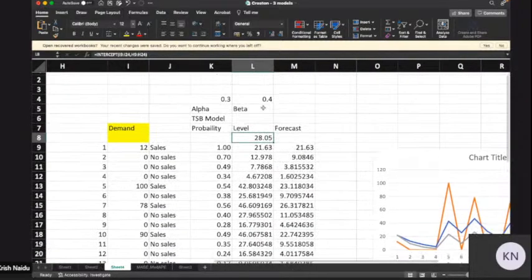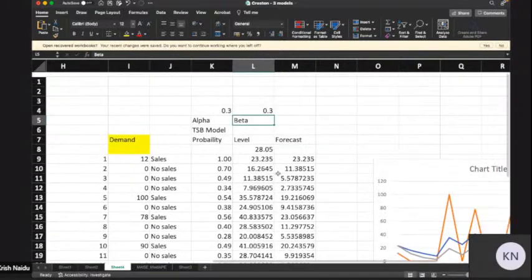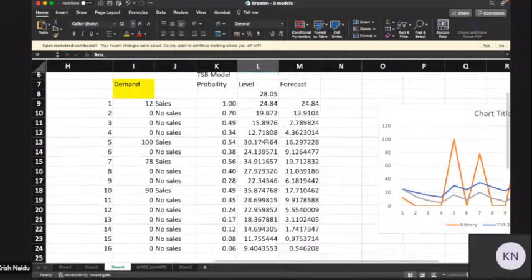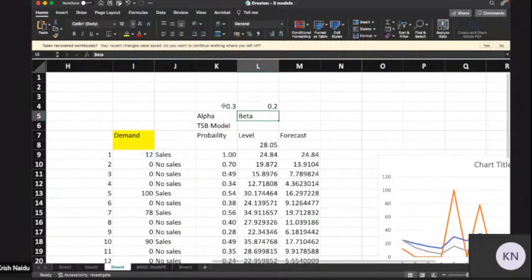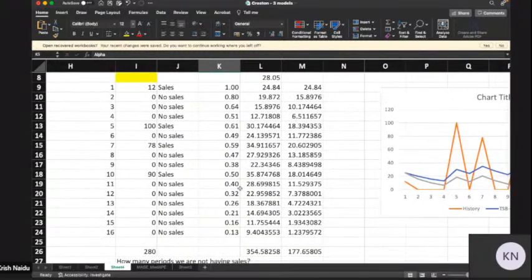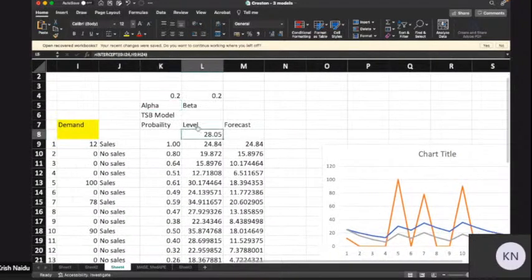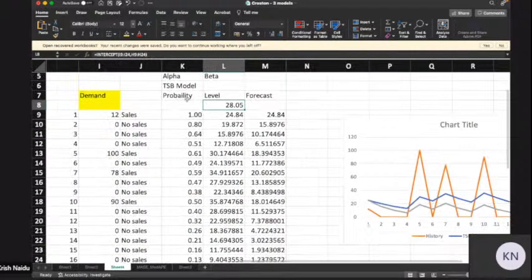And if I reduce this value now to 0.3, this is 150. I reduce to 0.2, this is 152. And if I reduce this also to 0.2, this comes to 177, right? So like this we can modify, and right now I have chosen the level which is the intercept, and from this intercept I am trying to build my forecast.